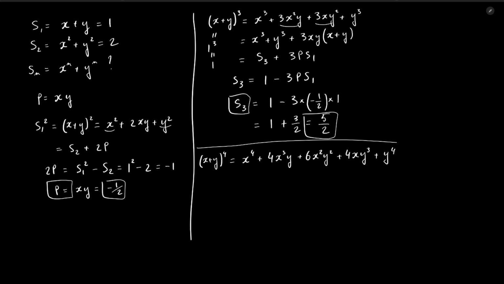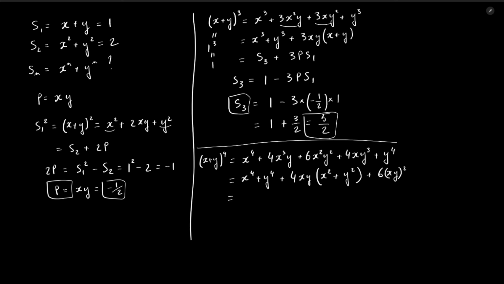We are going to do the same grouping as before, and we have x to the power 4 plus y to the power 4 plus 4xy(x squared plus y squared) plus 6xy squared.